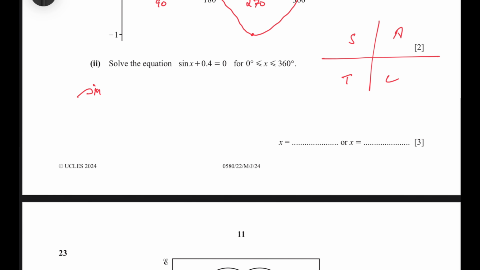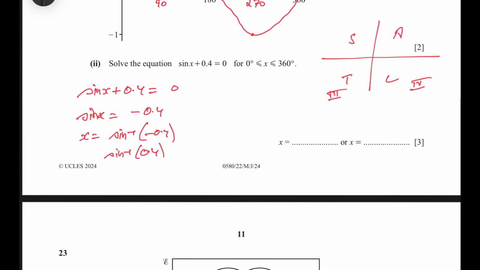Solving this, sin x plus 0.4 equals 0 means sin x should be minus 0.4. This is negative, so we know that sine is negative in the third and the fourth quadrant. Now let's solve. x is sine inverse of minus 0.4, or you can just find sine inverse 0.4. That will give you 23.57.